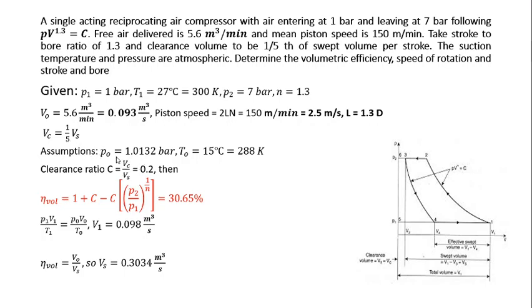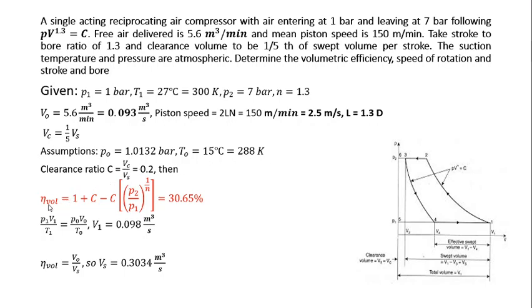Now we are assuming that P0, that is atmospheric condition, is 1.0132 bar. T0 is atmospheric temperature, which is 15 degrees Celsius or 288 Kelvin.